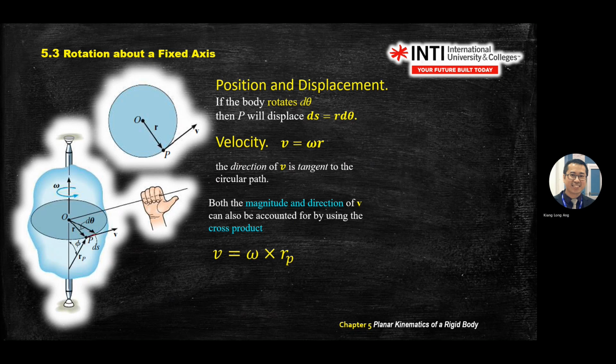Okay. Omega cross r gives you the direction of your v. Right hand rules. Omega, you look at the omega axis. Omega axis cross to r gives you the v direction.